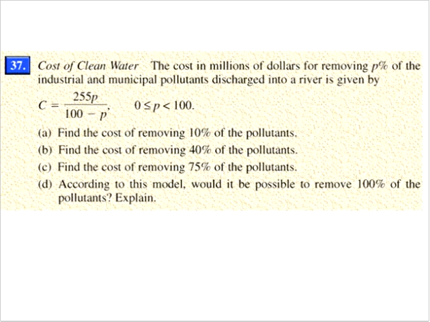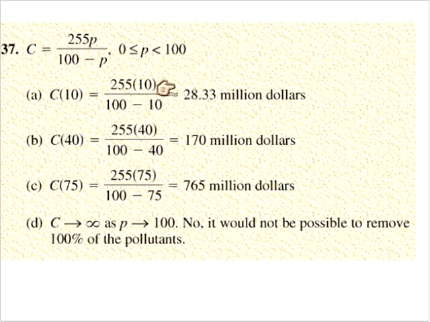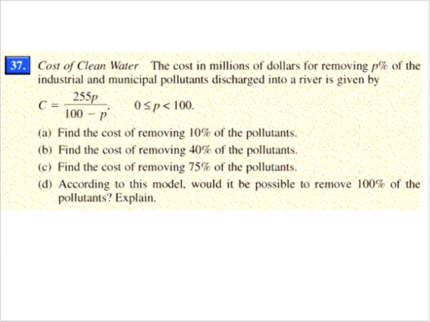Well, all we have to do is just plug in 10, 40, and 75 for P and see what we get. And so if we do that on the next slide, we would get 28.33, and everything is in millions of dollars. You get 170 and 765. So that is just doing your basic math there.